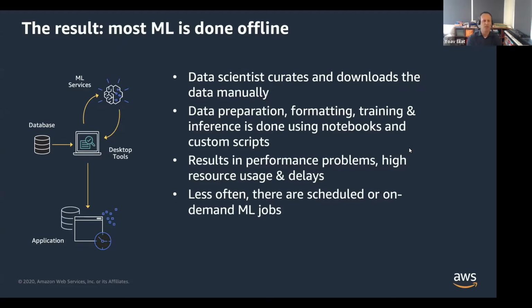They'll run the model, call the service, and then load the data into the database or forward it to the application owner. So the whole thing often happens offline, and sometimes people are running scheduled jobs, but even that's less common.